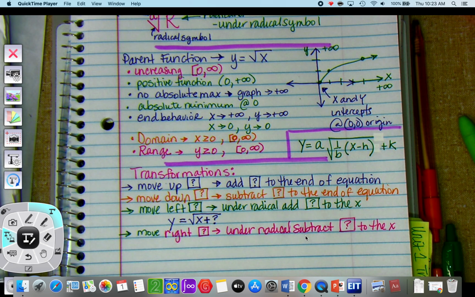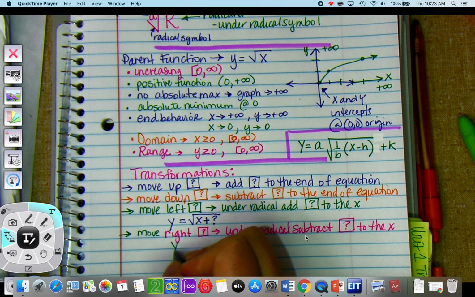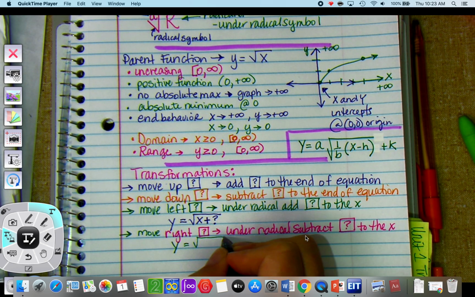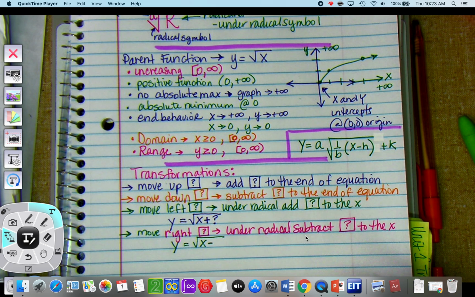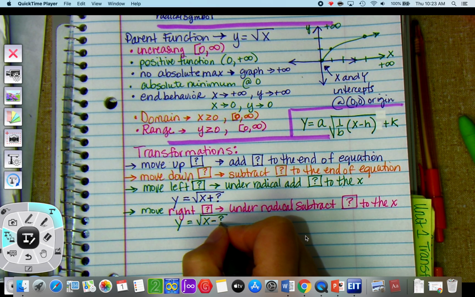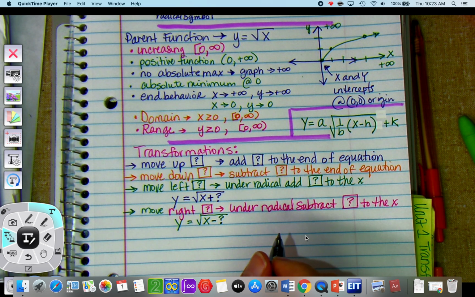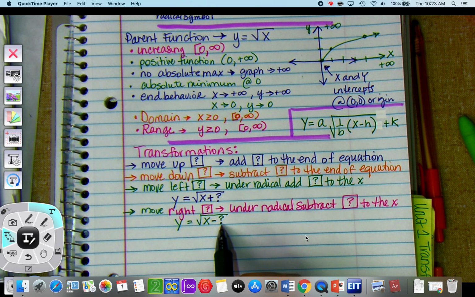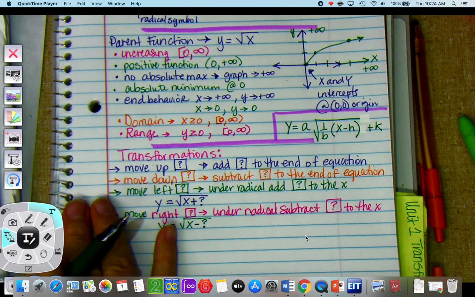So that would look like this. Once again, because the minus sign was already there, you would literally be putting in the positive direction. So if I want to go 7 units to the right and I put a 7 in right here, the minus sign was already there. Okay?